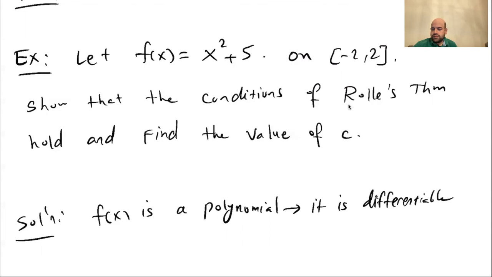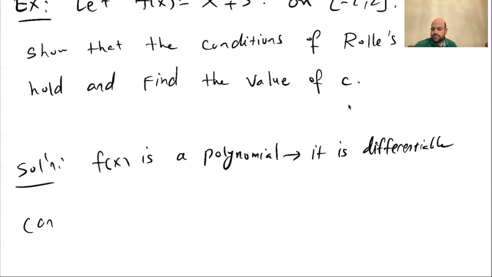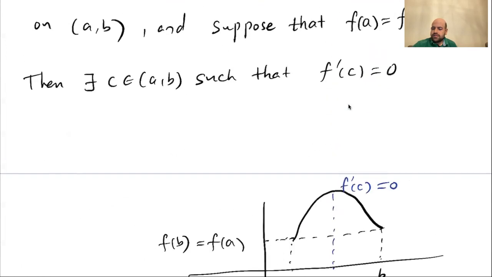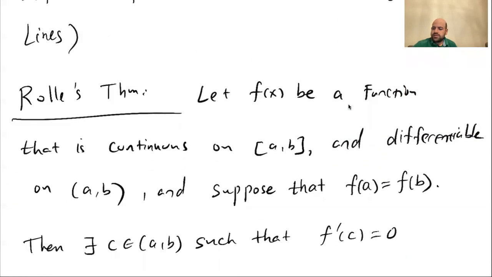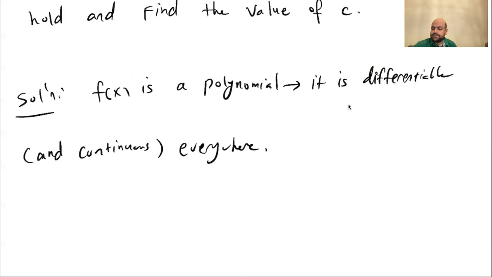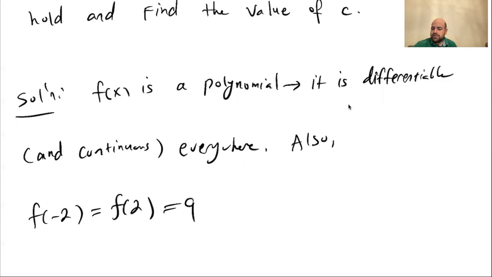and therefore continuous everywhere. What is the other condition? F of A must be equal to F of B. So also F of -2 is equal to F of 2, which is 9.